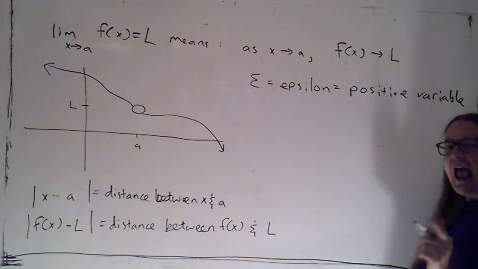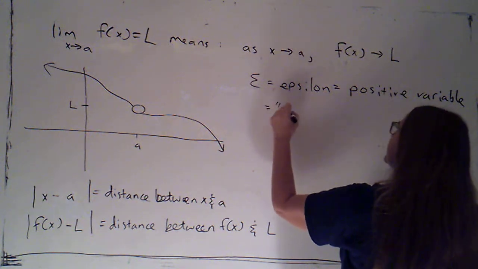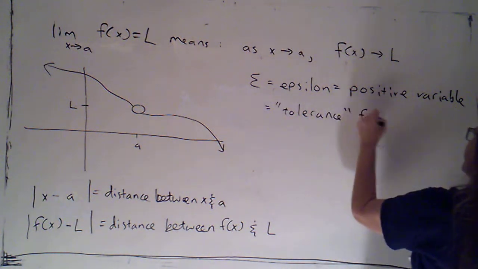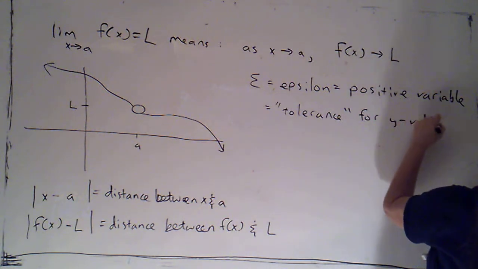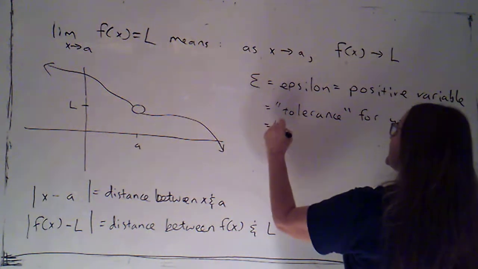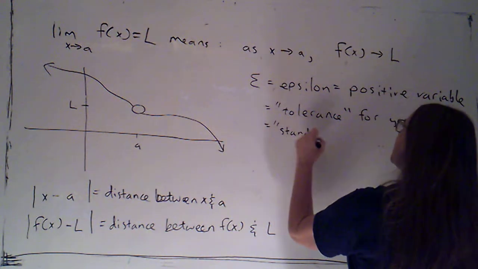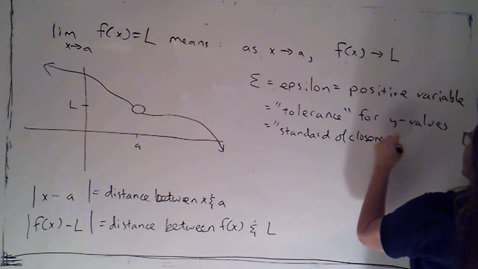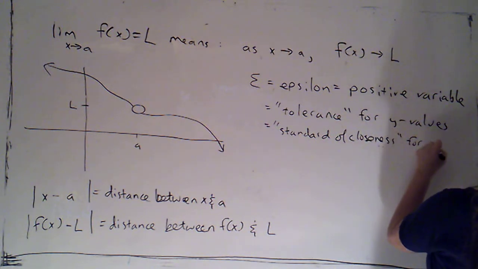And I can sort of think of it as the tolerance for my y values. Another way of thinking of it is it's my standard of closeness for the y values.